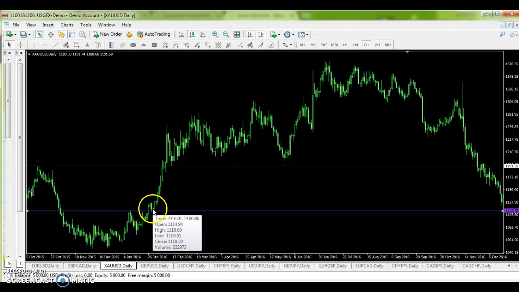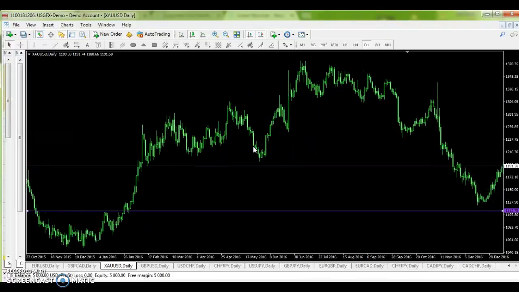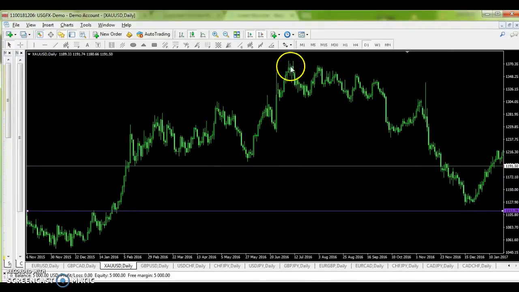As you can see, from this point onward the prices go up. There was a buying situation, up till July of 2016. This is the July 2016 candle, and this candle shows the highest high point, right?